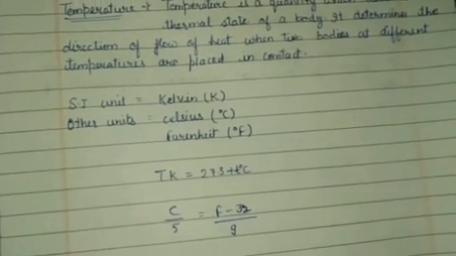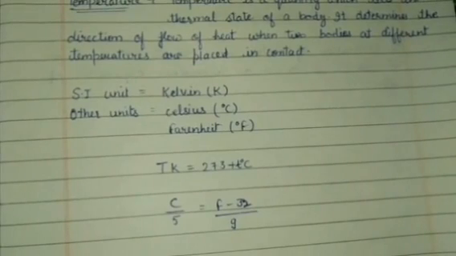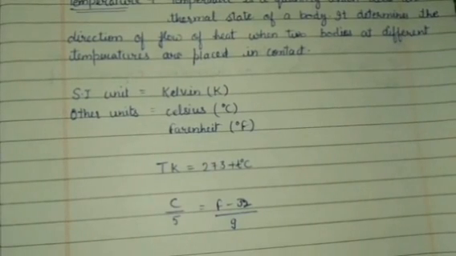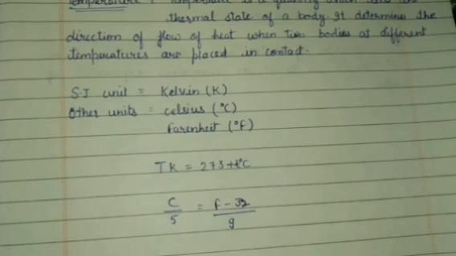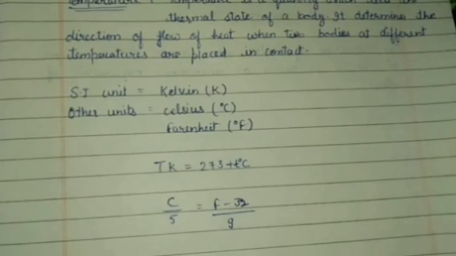Our next topic is temperature. We know that when a hot body is kept in contact with a cold body, after some time the hot body becomes less hot and the cold body becomes less cold. That means there is a flow of heat from the hot body to the cold body.